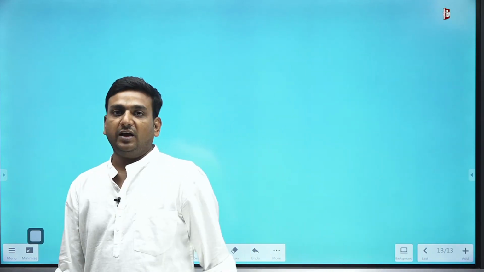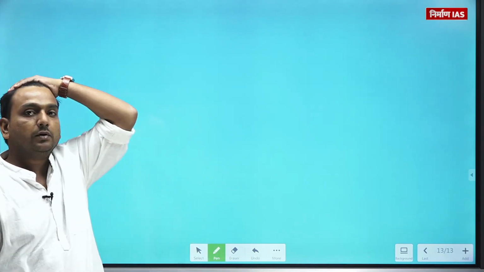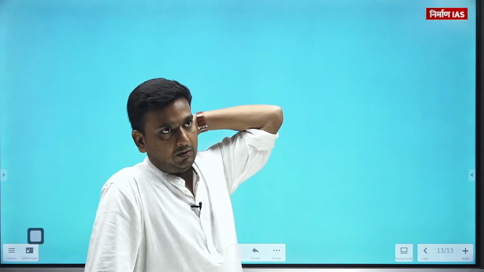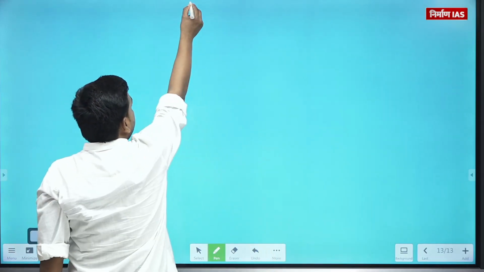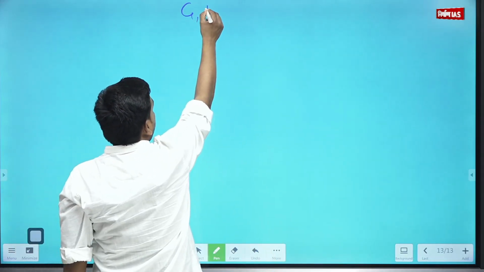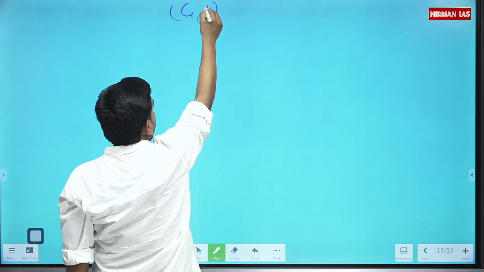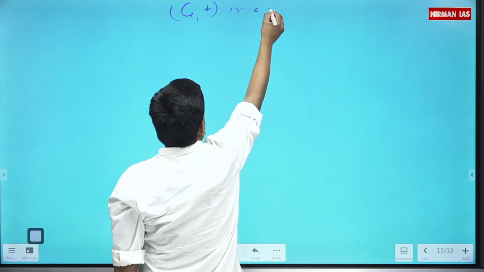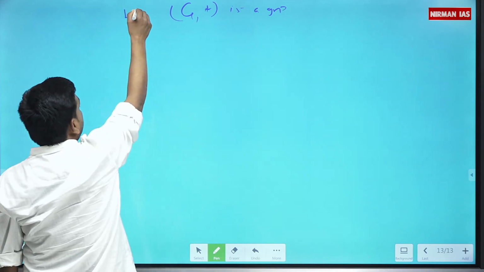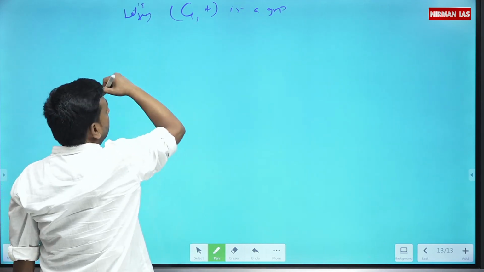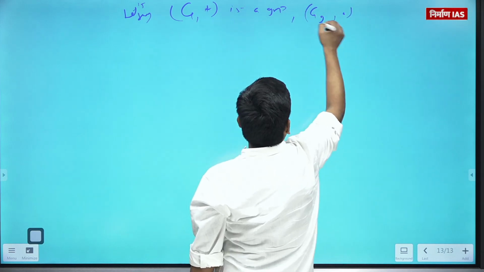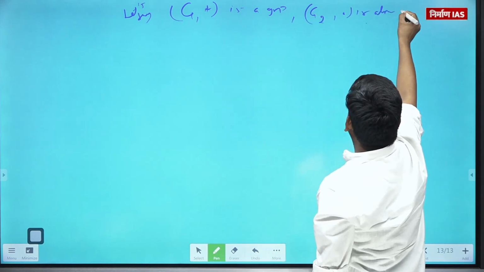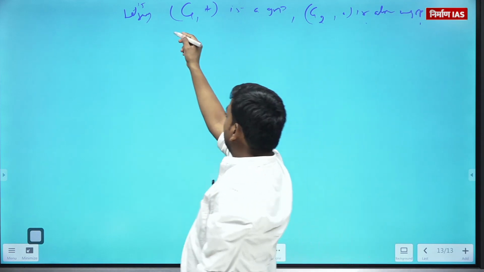One more, that is the last category of groups. Let's say G1 with respect to some composition is a group, and G2 with respect to another composition is also a group.